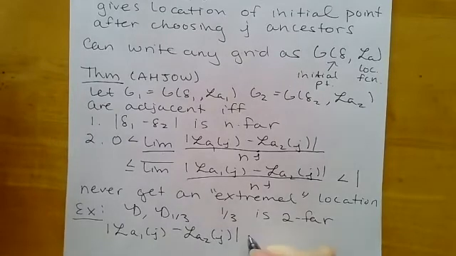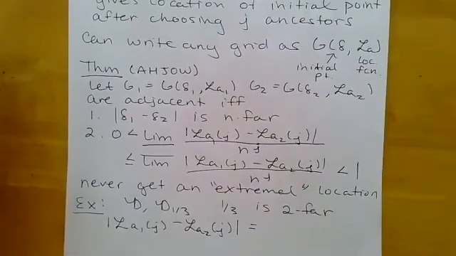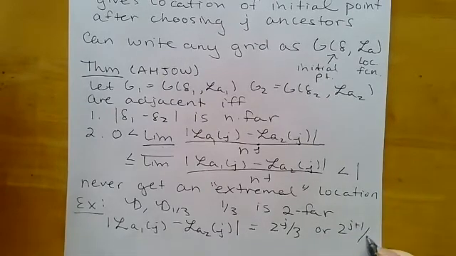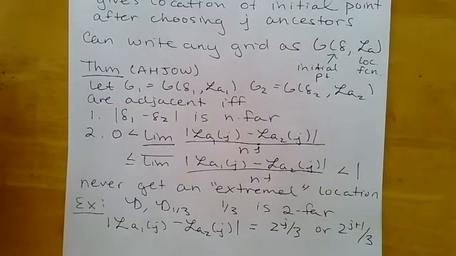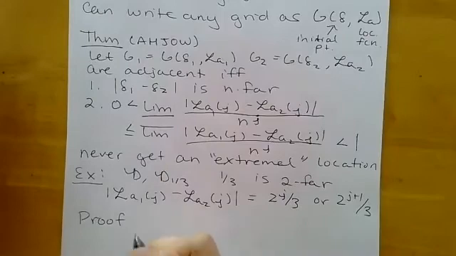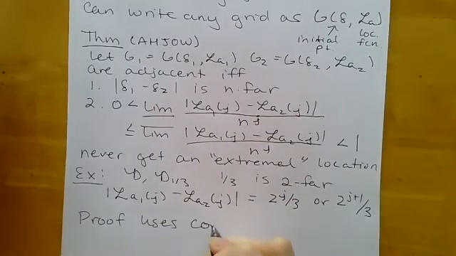This isn't too hard. You can even do this during the talk if you'd like. This is either 2 to the j over 3 or 2 to the j plus 1 over 3. So in either case, if you normalize this by 2 to the j, you either get 1/3 or 2/3. And 1/3 and 2/3 will always be away from 0 and 1. So this will satisfy condition 2. And the proof I won't go into, but it uses contradiction.